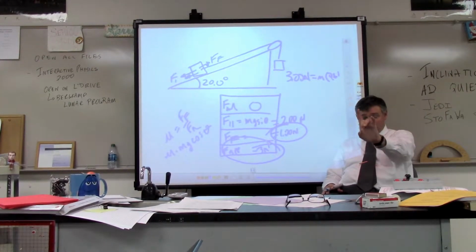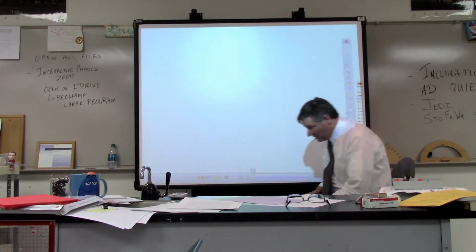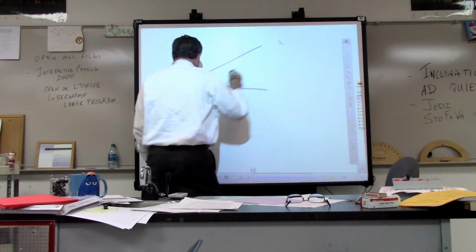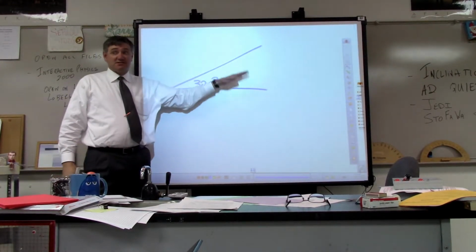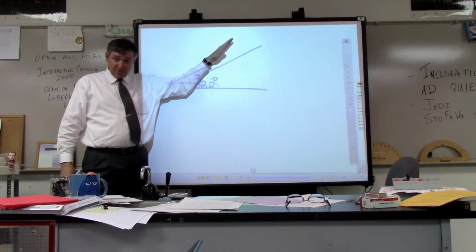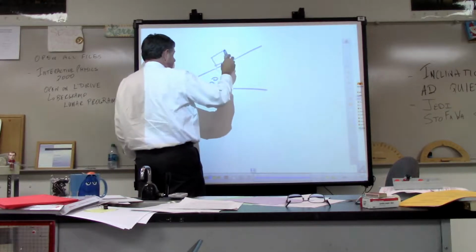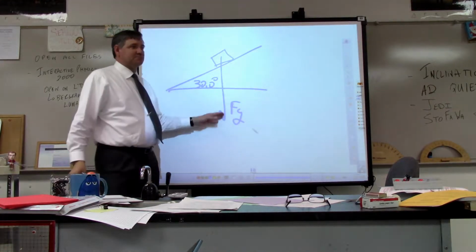There's one diagram to do with that lab, and it should look something like this. So you're actually going to draw a 30-degree angle. This isn't just some random drawing. This is an actual 30-degree angle. You're going to put your box, and then you can have FG, set to some scale.